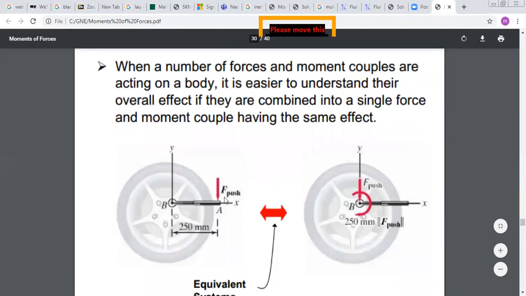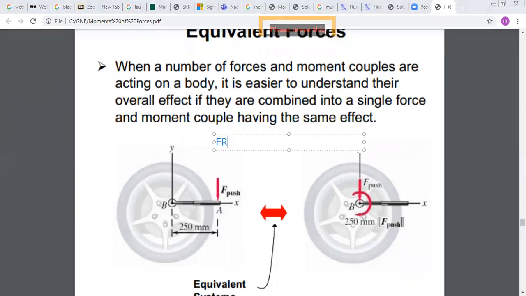It's F times the distance AB. So I can say that for this system, the resultant force is minus F along J. And for the couple, the resulting moment, I can choose any point. I will choose the moment about B. So the resulting moment about B of this force is equal to BA times F. Is it along the positive or negative direction?